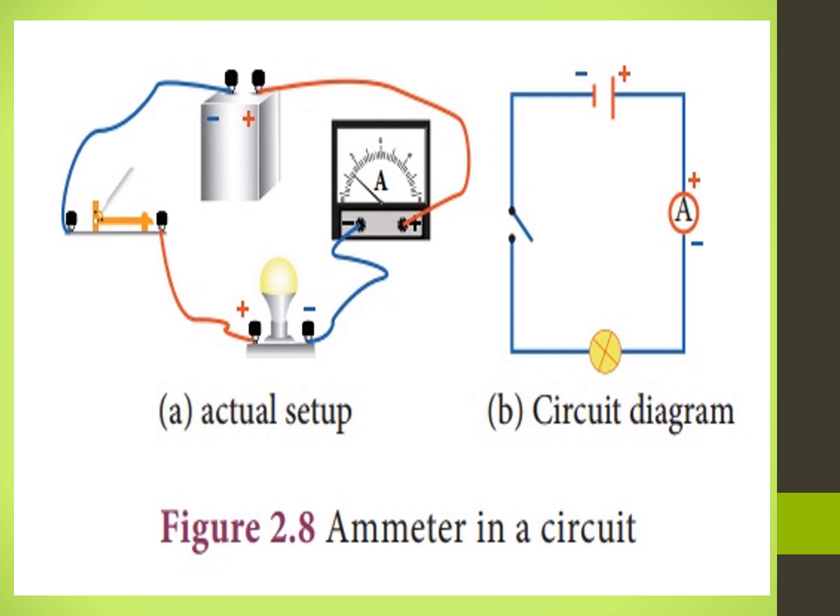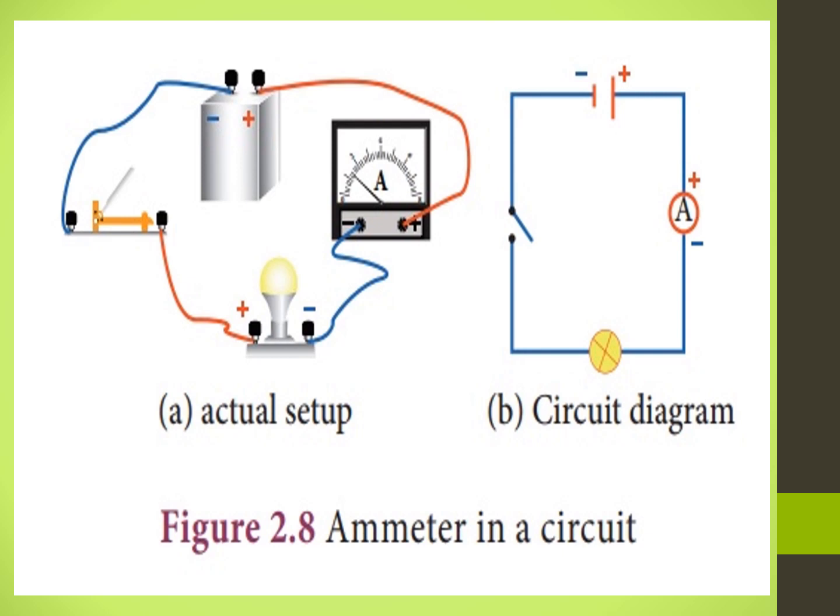Ammeter is an instrument to measure the strength of electric current. Ammeter is the instrument used to measure the strength of electric current in an electric circuit, not all places, in an electric circuit only.